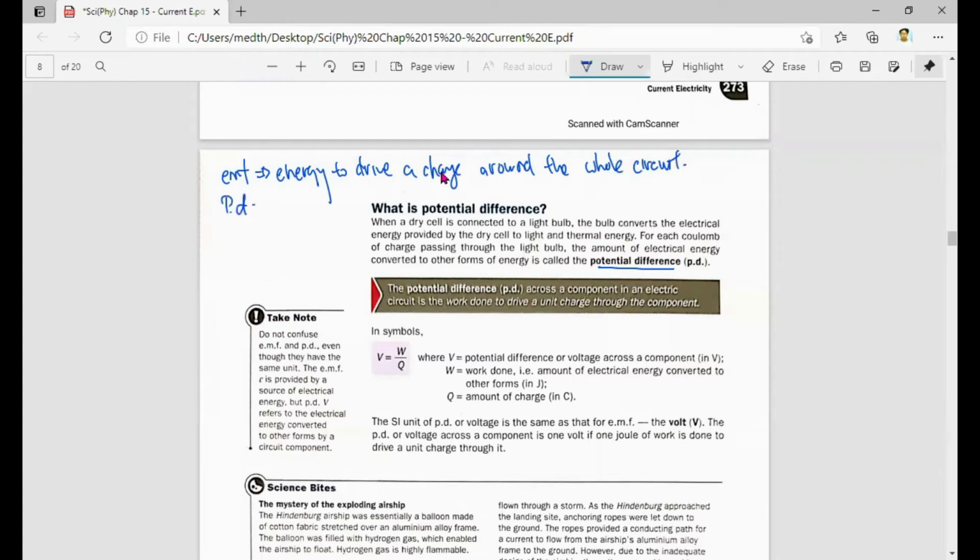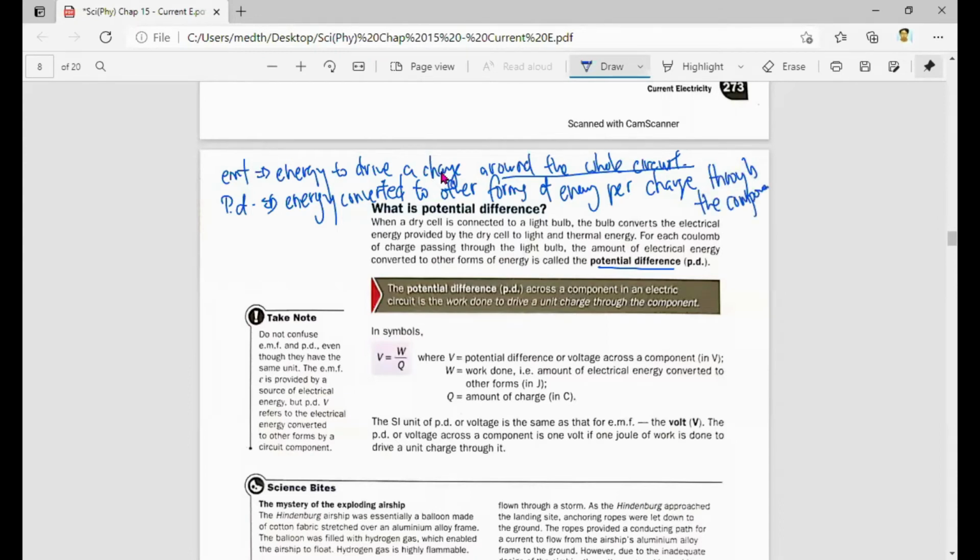Potential difference, PD, is actually the energy converted, energy converted to other forms of energy, per charge. Right? So you can see here, energy to drive a charge around the whole circuit. Energy converted to other forms of energy per charge through the component. I missed out this part.